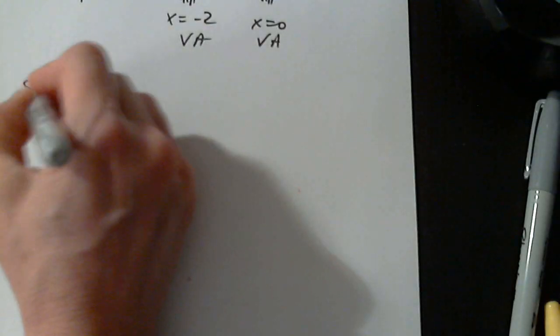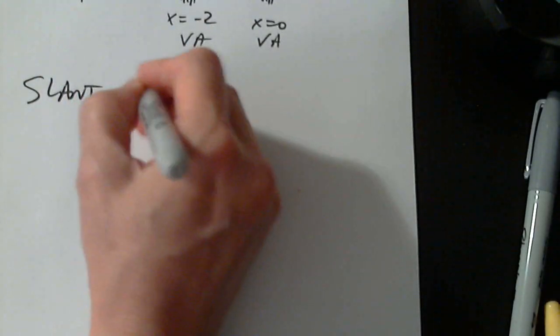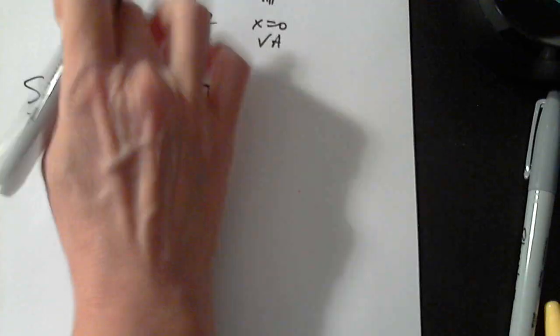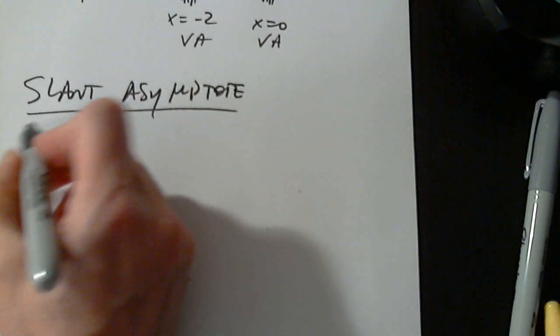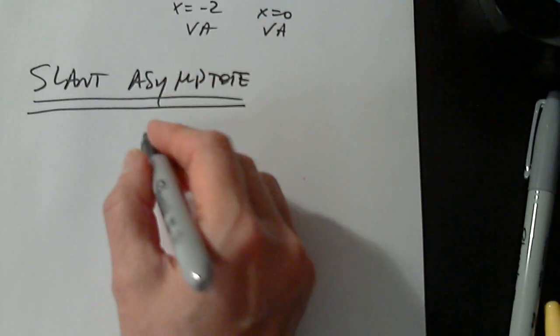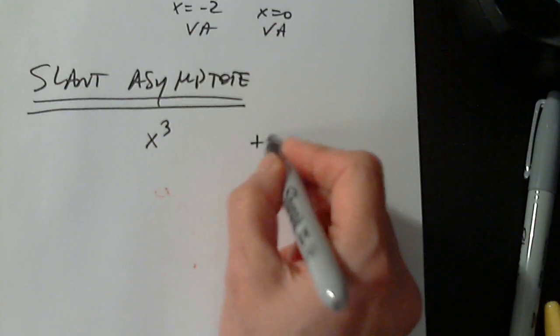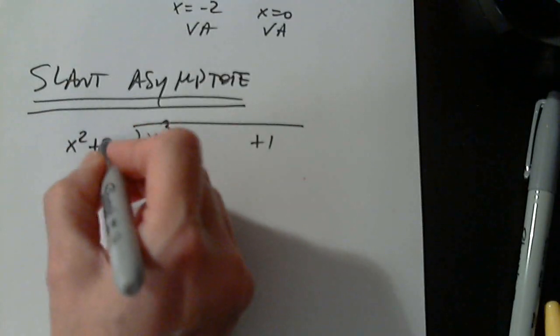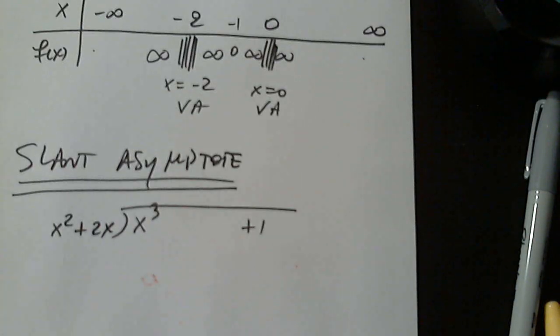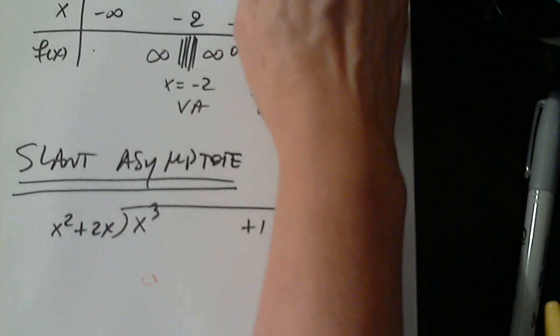Okay, I just want to discuss this. How do I find the slant asymptote, which will also be the end behavior? Okay, I divide x to the third by x squared plus 2x. Notice that the requirement is just 1 degree more.